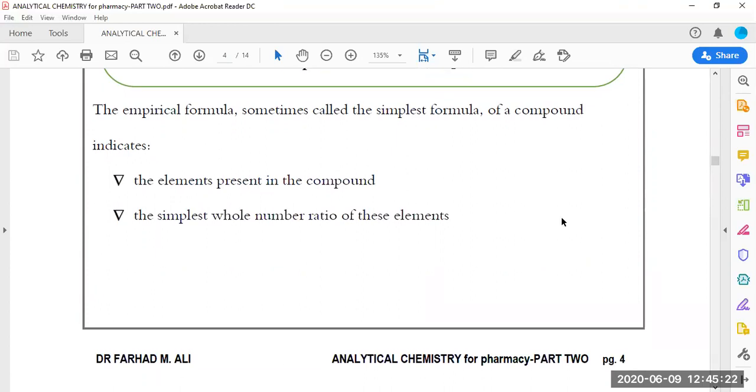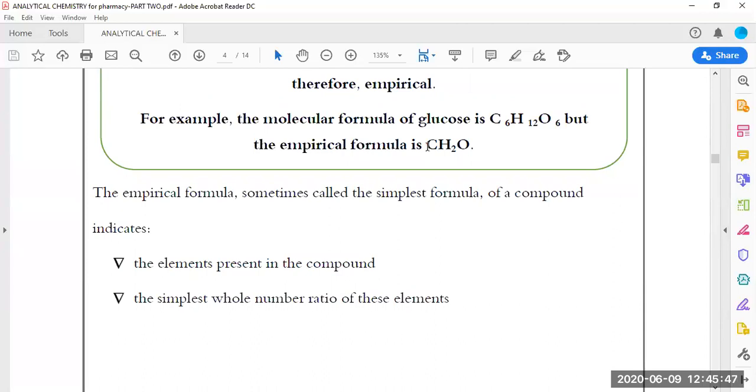Sometimes there is another name for empirical formula, which is not very common. We call it the simplest formula of a compound. And this empirical formula indicates the elements present in the compound. Going back to the example of glucose, it tells you in glucose there is carbon, and hydrogen, and oxygen, and nothing else. You have three elements in glucose.